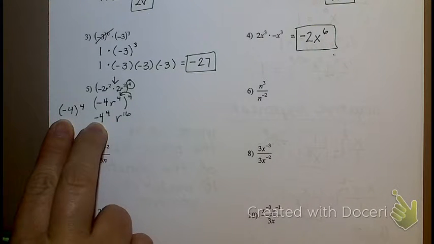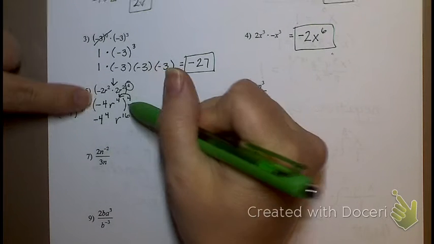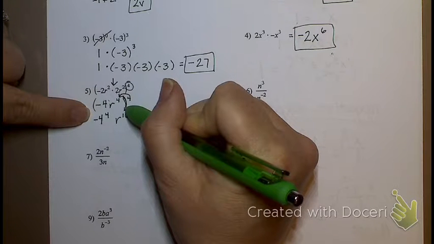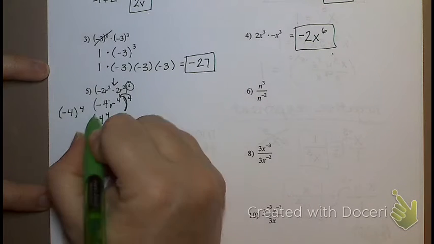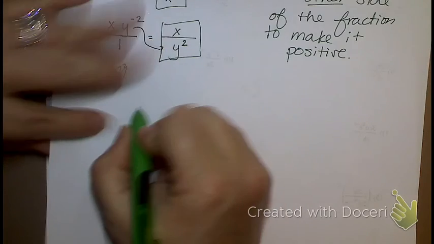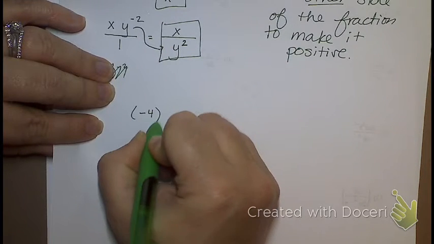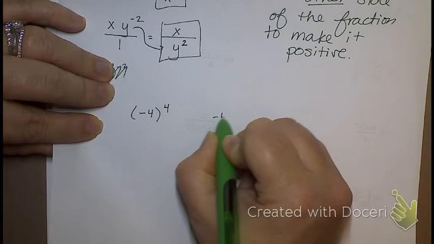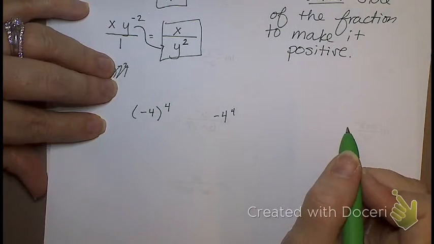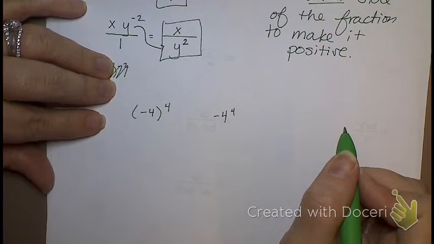Parentheses. Parentheses, why? Because the negative 4 is completely in these parentheses, right? So it needs to stay with a set of parentheses. Why is that a different thing? What's the difference between negative 4 to the 4th with parentheses and without? It's because when you multiply, the first number is going to be negative, but the rest is going to be positive.